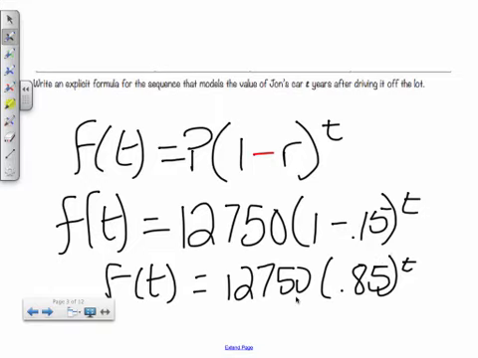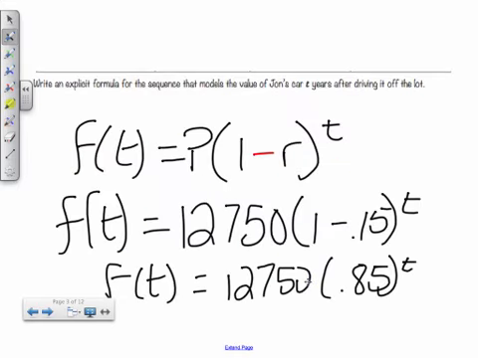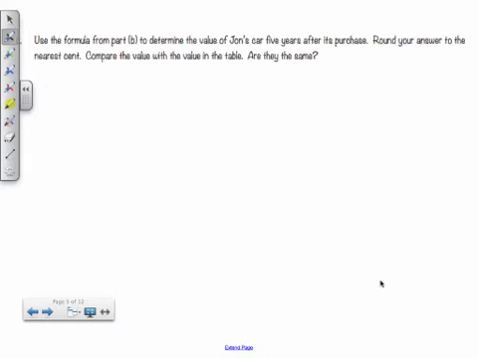This formula very closely resembles the formula for exponential growth, where a is the initial amount, so 12,750 is the initial amount, and b is your growth factor, except here our growth factor is not greater than 1, it's less than 1, and that's why it is decay.